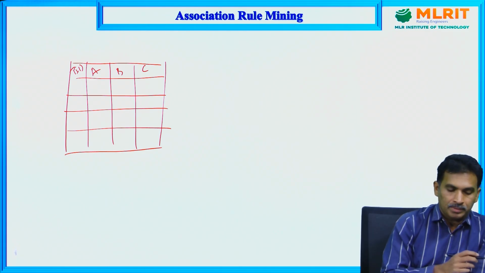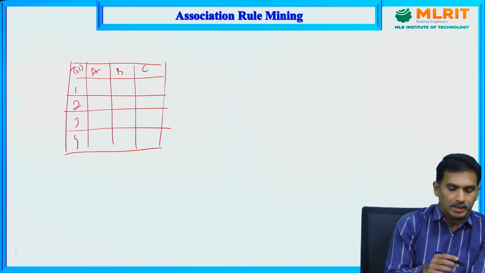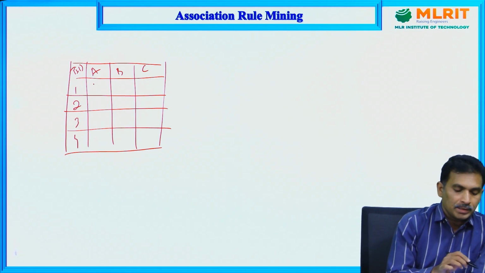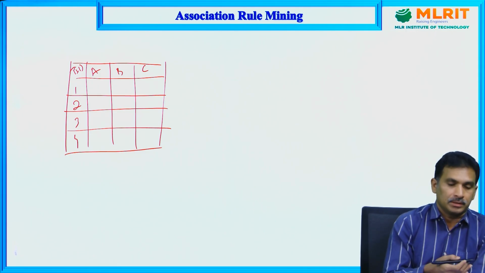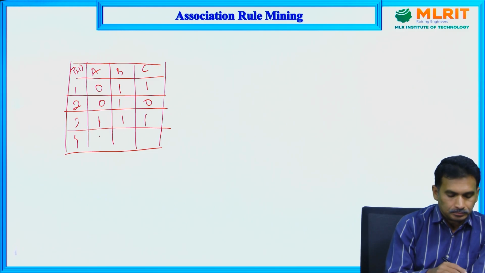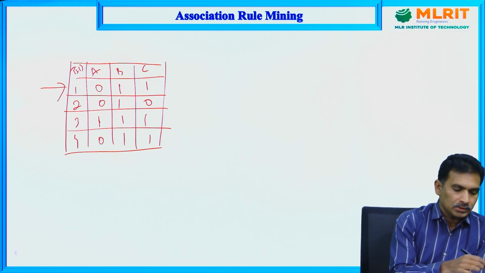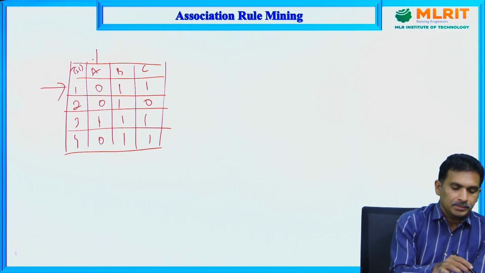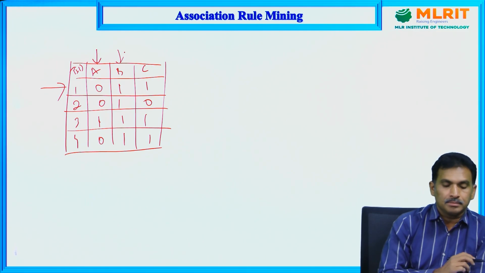What do you mean by binary format? These are the transaction IDs, and the entire database would be represented, for every purchase of a particular item, in the form of zeros and ones. What does it mean? Here 0 means this particular customer did not purchase the item A. 1 means customer 1 purchased the item B.